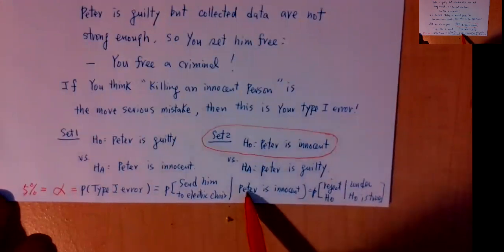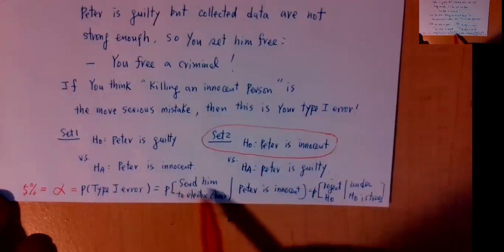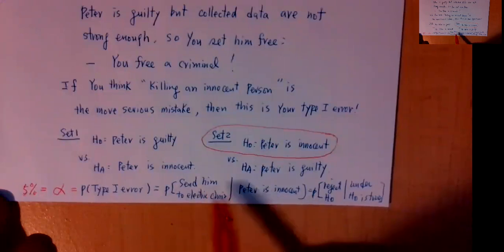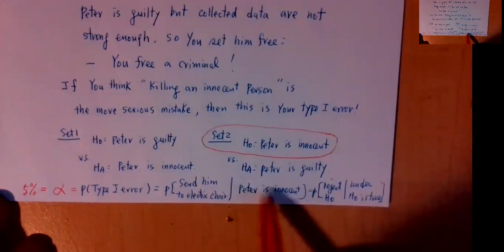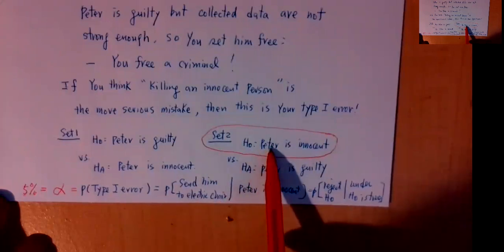So if you believe killing an innocent person is a more serious mistake, look at the setting here. When Peter is innocent, you send him to the electric chair. You kill an innocent person. This is the more serious mistake. So you should choose set 2.